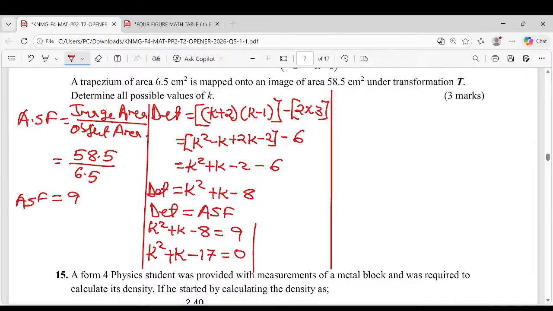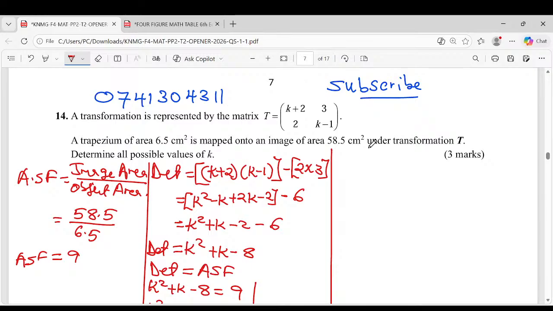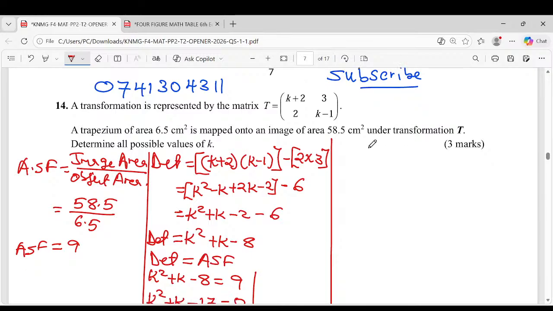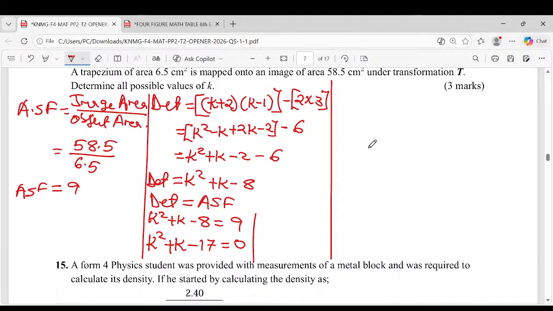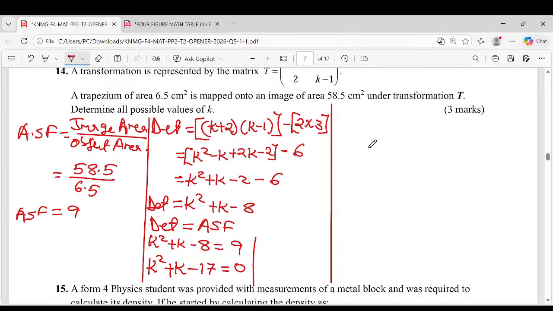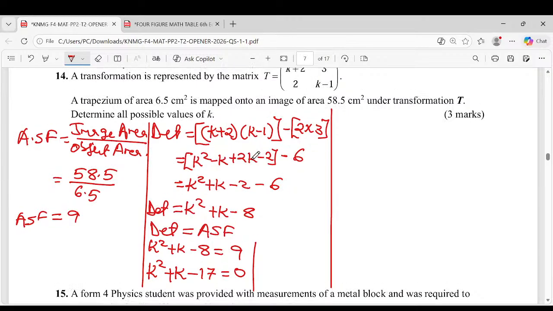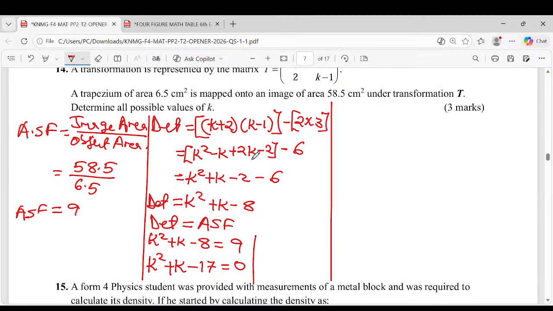So determine all the possible values of k. Wait, let me see. I'm getting the area scale factor is 9, and I know that the area scale factor should be equivalent to the determinant of the matrix of transformation. Is there a way we can have this manipulated?